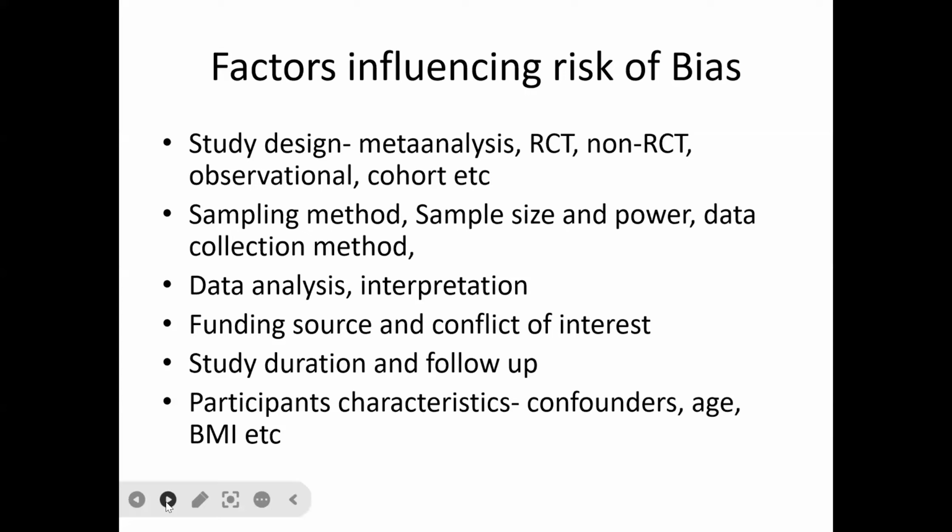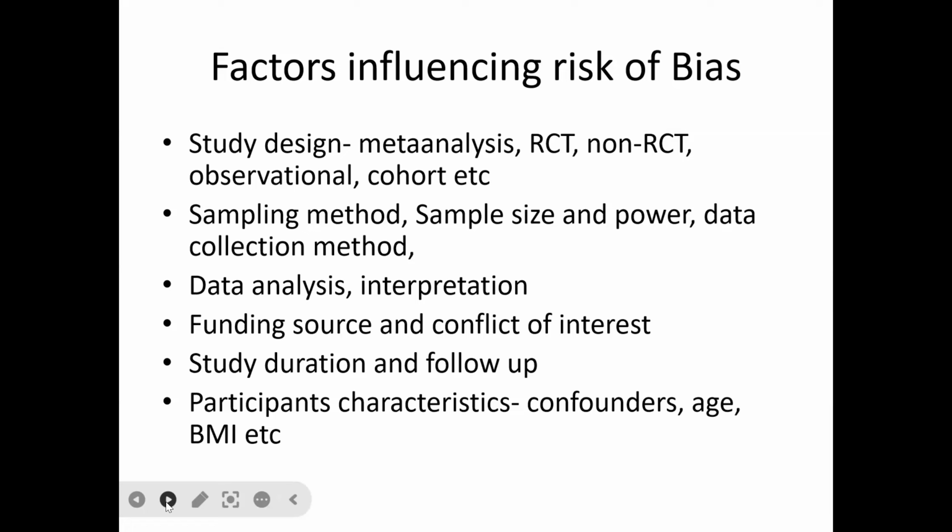And sample size and power, I think this is one of the very important factors which induces bias, that you do not have adequate power, and you have just some 20 cases, 30 cases, and try to conclude some answers. Usually, especially in small thesis kind of studies, your students, for practical reasons, cannot have a huge number of patients. So a lower sample size generally is low in power to conclude data.